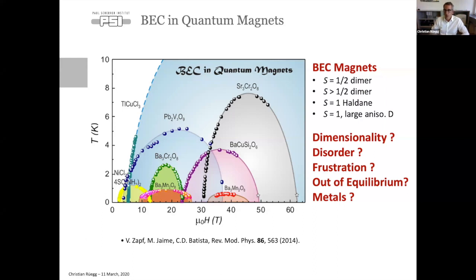You could also talk about disorder in the bosons, and I could quickly mention this. Frustration is important, out of equilibrium is very exciting. And finally, we could also think to do the same thing and go across a metal-insulator transition as well, where the charge gap comes down in the system. And so there is an entire framework there.